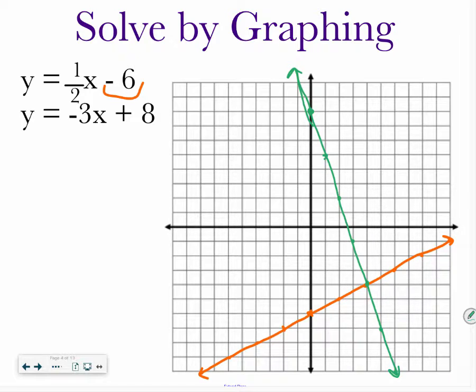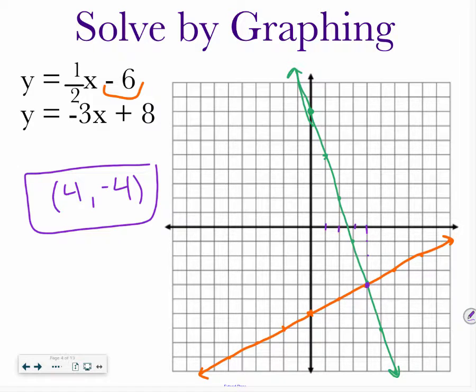Then I look, where do they intersect? They both hit this coordinate right here, which is going to be 4 to the right, because x is written first, and then down 4. So (4, negative 4).